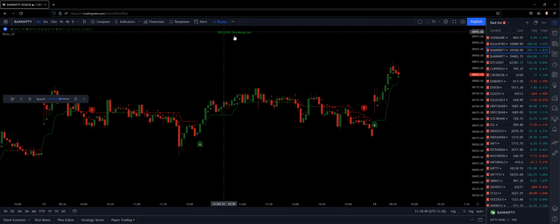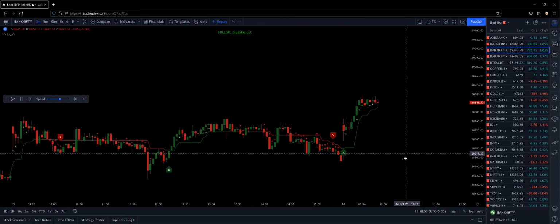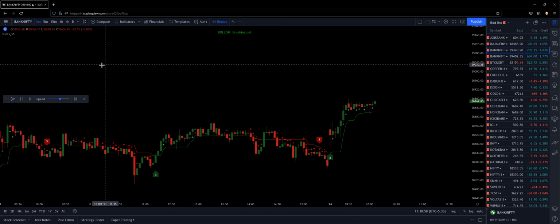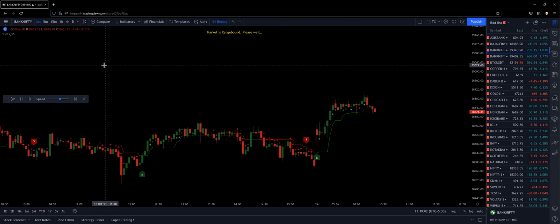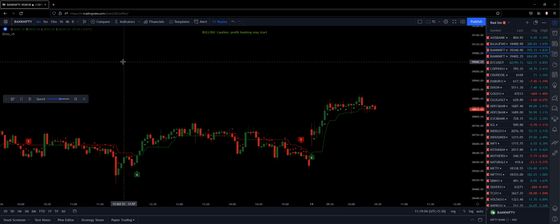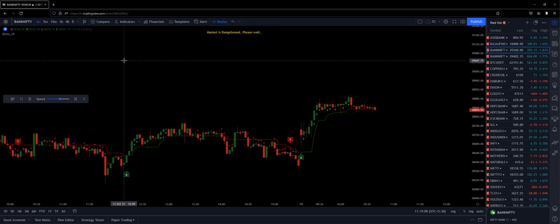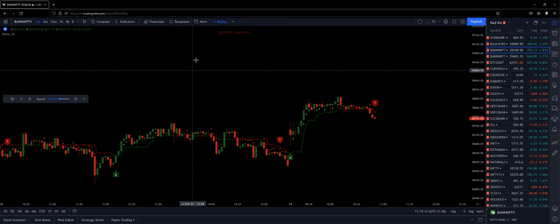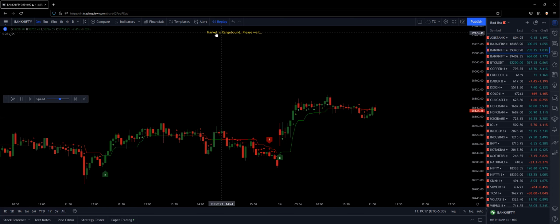So you are on the bullish side till now. During candle formation, these messages will be different. Just wait for the candle close to get that confirmation.